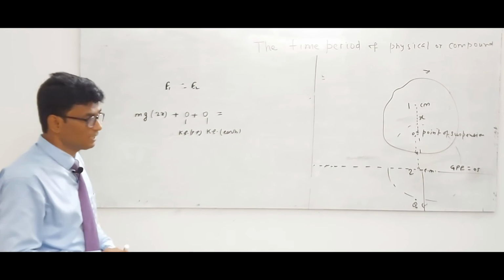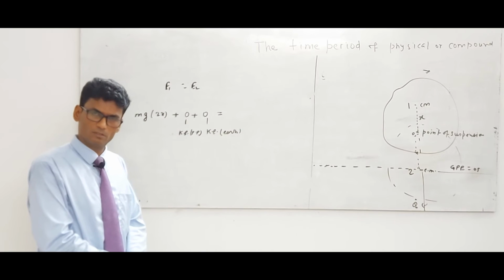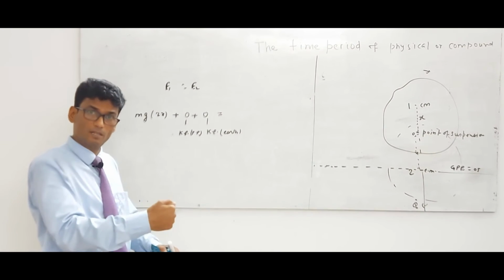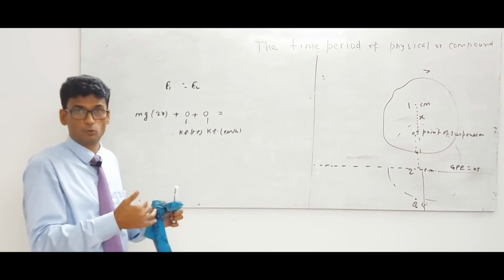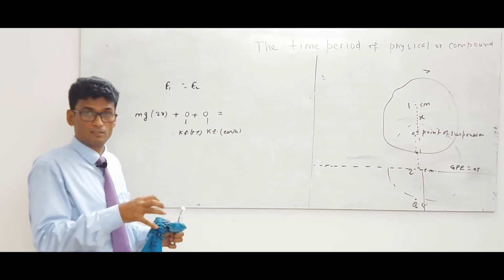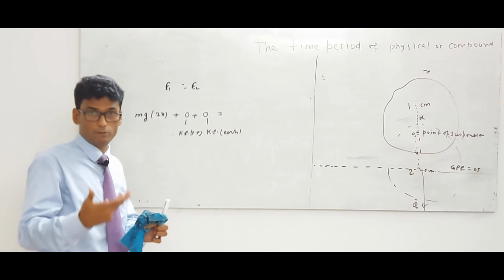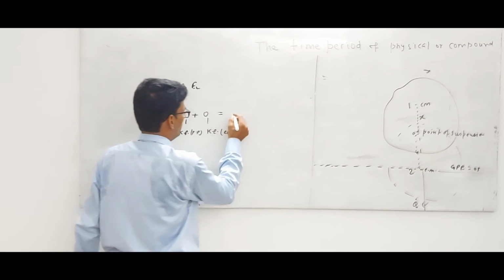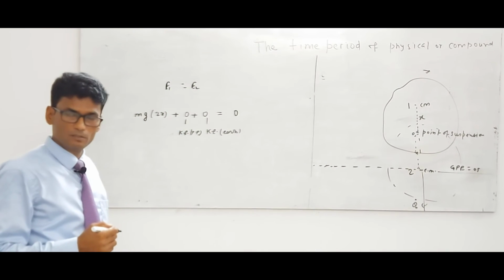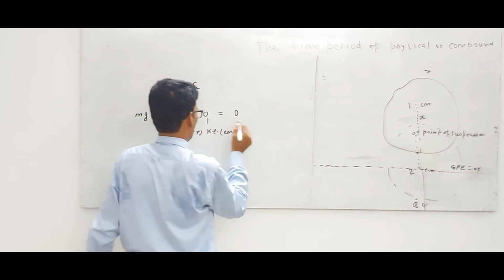The potential energy there is 0. Of what? Not the physical pendulum, not the Earth, but the system. The pendulum-Earth system potential energy. We are taking Earth as a point mass and the physical pendulum as a point mass. This is a two-point mass system, the potential energy of the system, not of the individual one. So here it is 0, as we assumed, taking the reference as 0 joule.